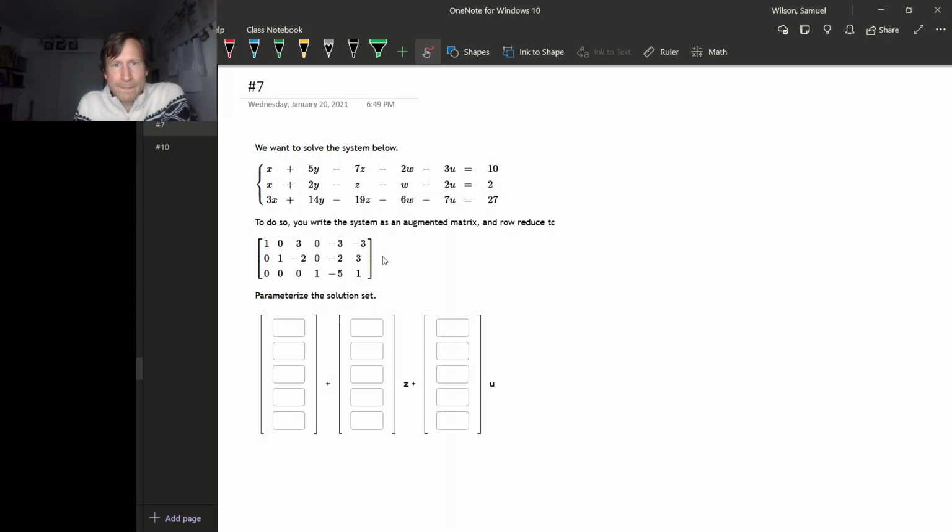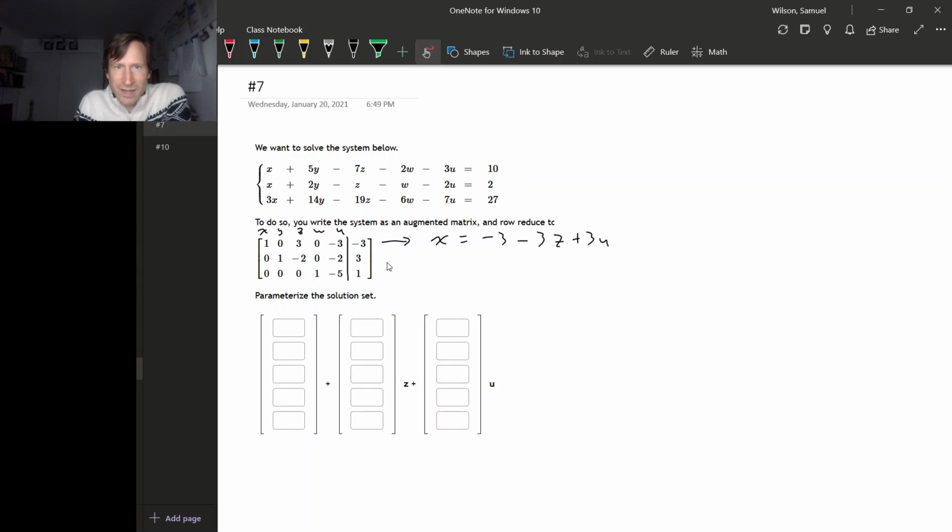So this first line says that x should be, let's see, so right, here's our augmented column. So x should be minus 3 minus 3z plus 3u.